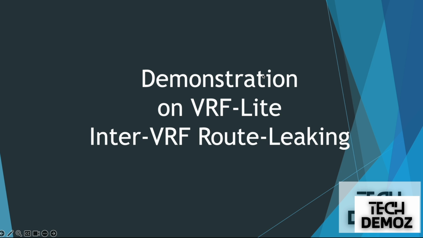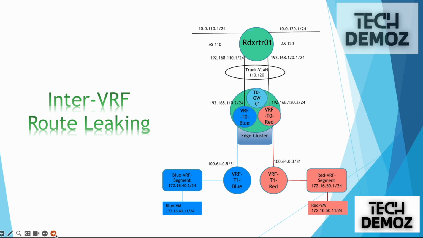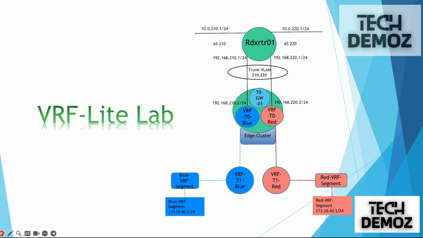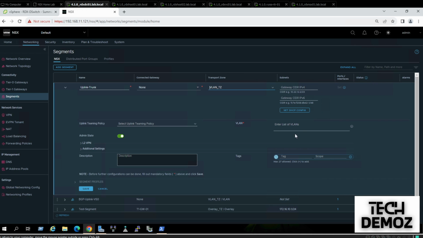So I'm going to define these two VLANs here, 210 and 220, and save.